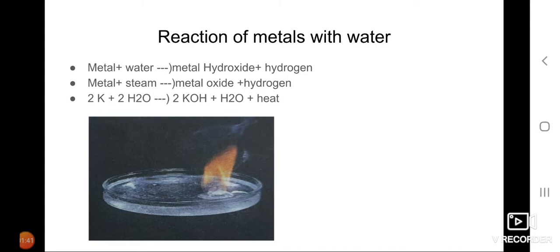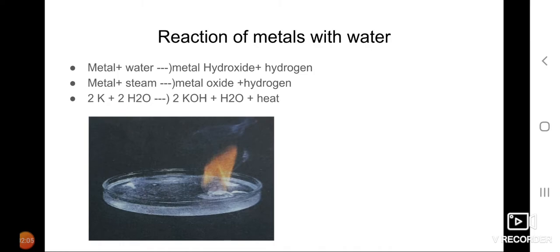Let's start with a few examples. In this picture you can see this flame, and this flame is because of the burning of potassium. When a small piece of potassium is placed in water, it catches fire because in the reactivity series it is the topmost metal. So this is a vigorous reaction.